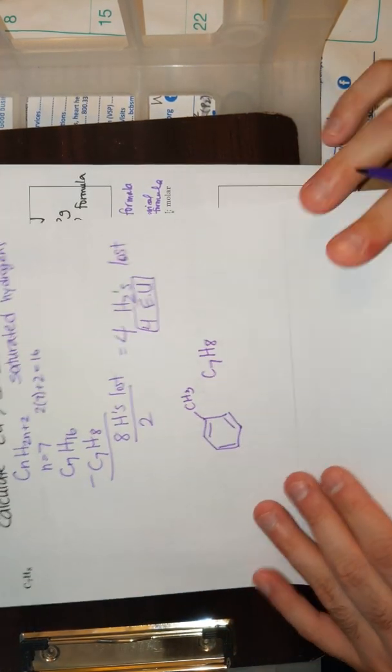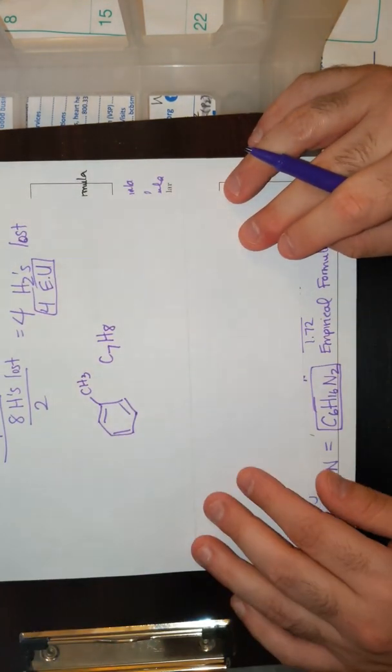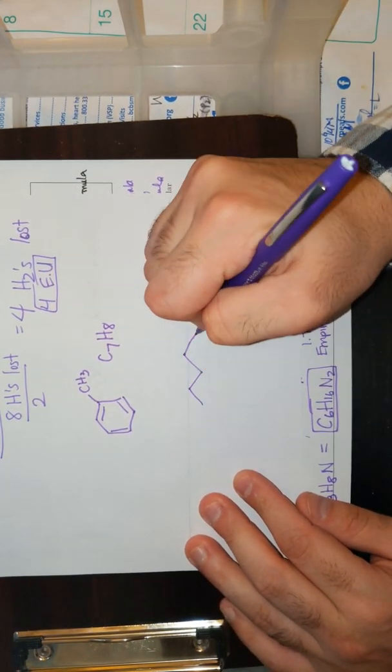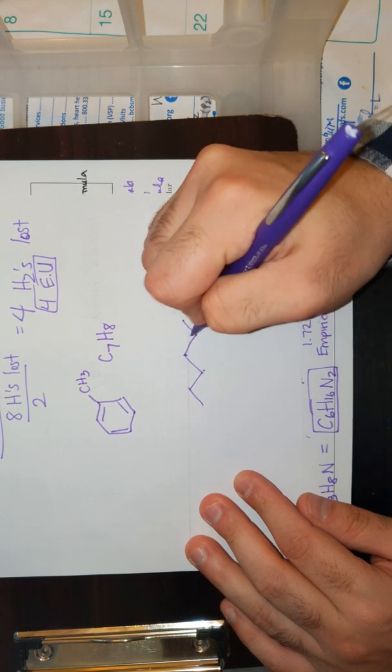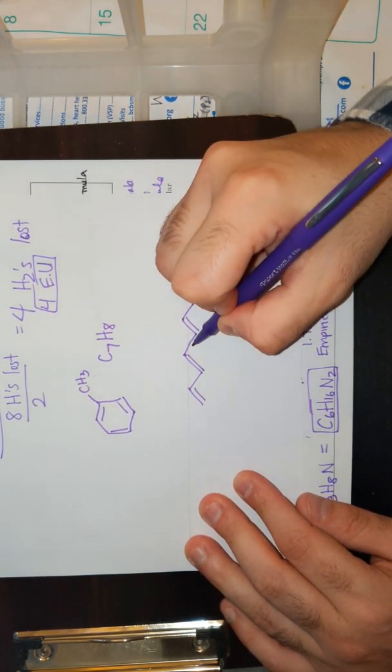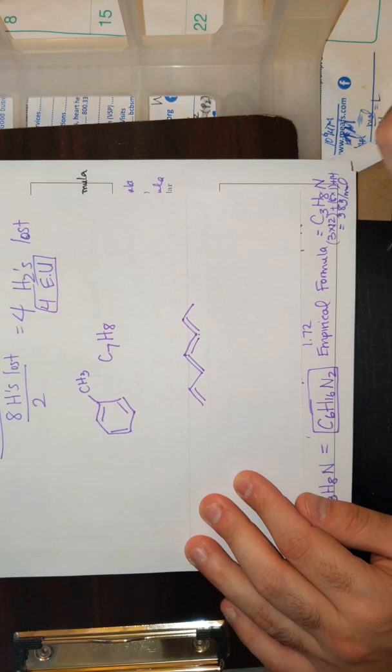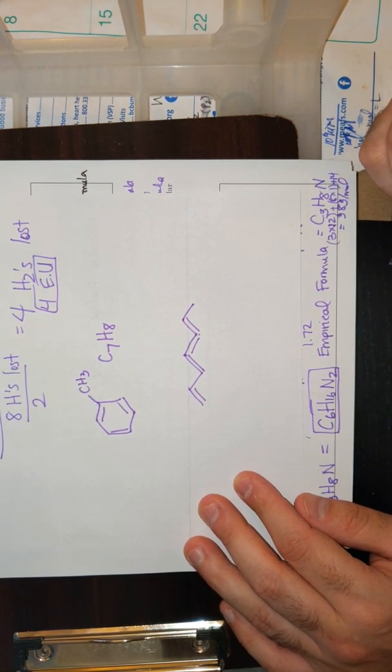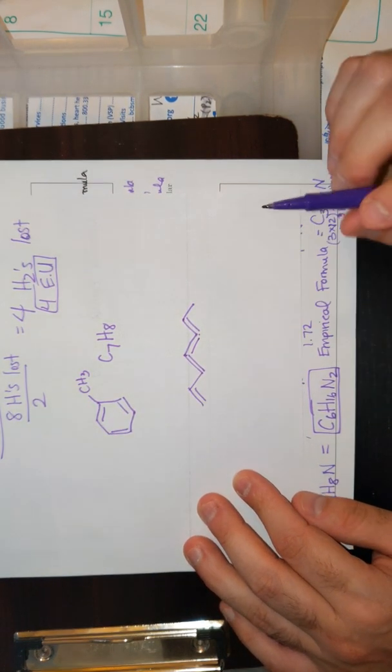Convince that to yourself. Another possible answer that I saw in class today was drawing 7 carbons, 1, 2, 3, 4, 5, 6, 7, and people were doing this, where they had like 2 double bonds next to each other. I guess that's possible, as long as you have the right number of hydrogens.